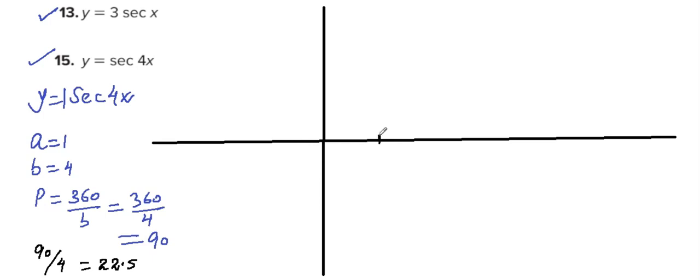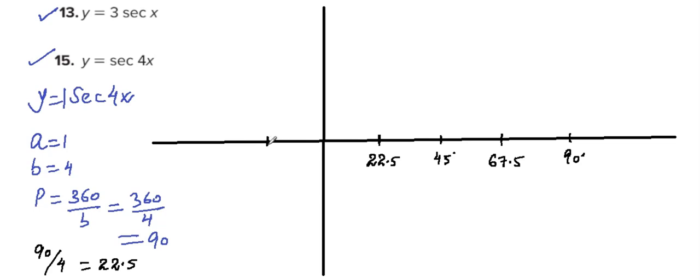So 22.5, then plus 22.5 is 45, then 45 plus 22.5 is 67.5, and the next number is here. So this is 22.5, this is 45, this is 67.5, and this is 90 degrees.